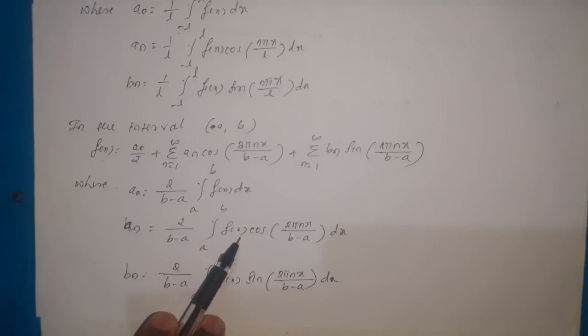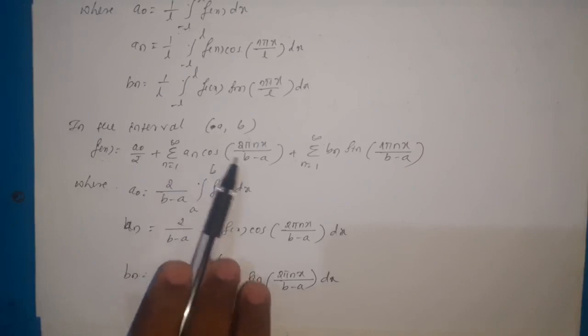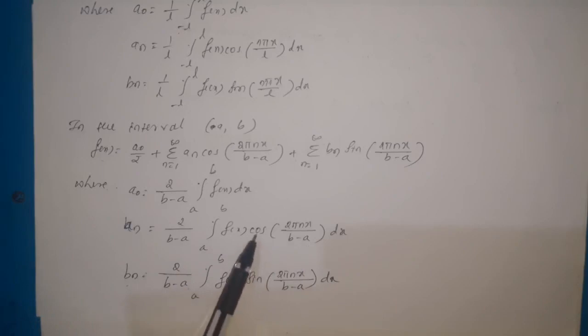F of x must be multiplied by the coefficient of a n in the formula, that is cos 2 pi n x divided by b minus a, and then b n equal to 2 divided by b minus a integration over a to b f of x, in place of cos we need to write sin, that is sin 2 pi n x divided by b minus a dx.